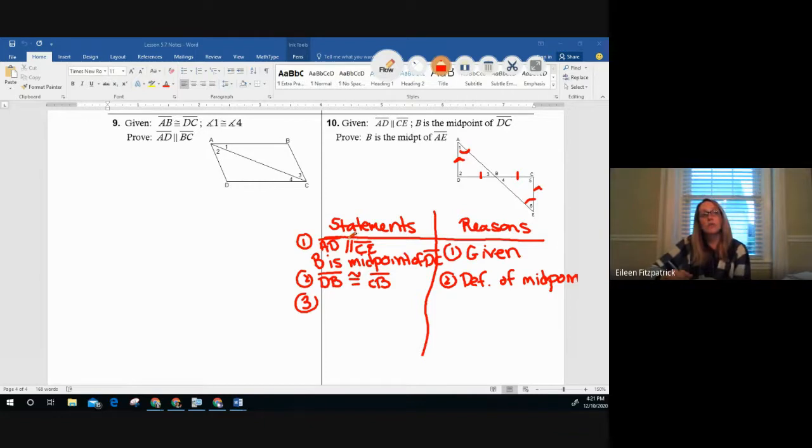Now, 2 and 5 are also congruent, but I'm going to do this proof a little bit differently than I did the one above, just so you have another example to look at. So angle 1 is congruent to angle 6, and the justification is parallel lines implies alternate interior angles congruent.